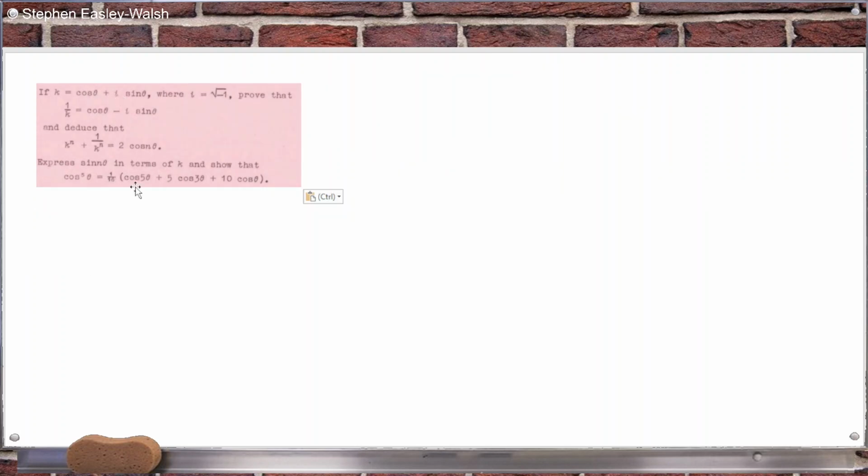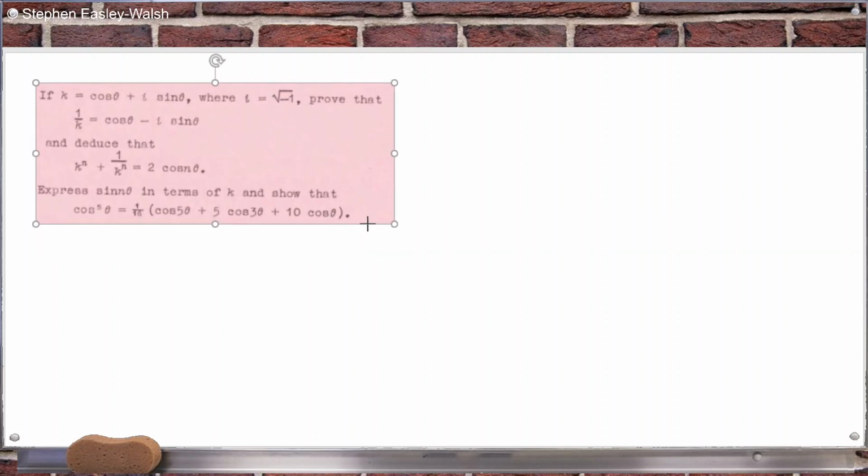So the last part here is express sine n theta in terms of k and show that cos power 5 theta is equal to that. I wonder if I can make this a little bit larger. Okay, so I can think of a couple of ways of doing this, and I wonder if they want us to use the previous formula.